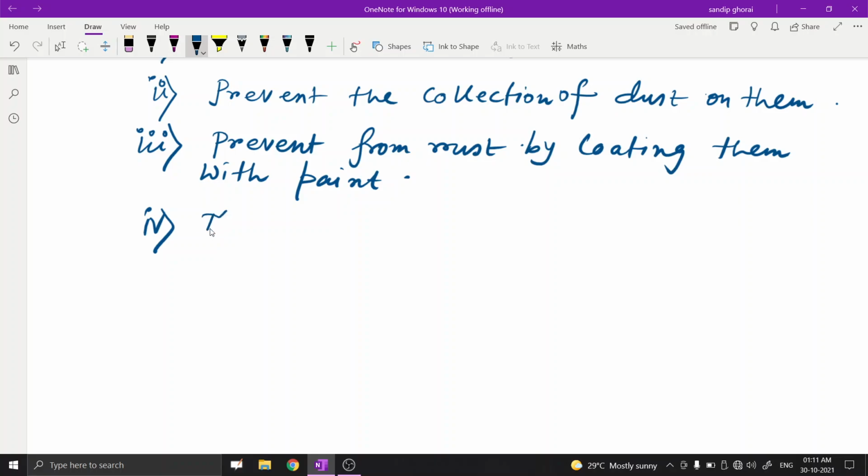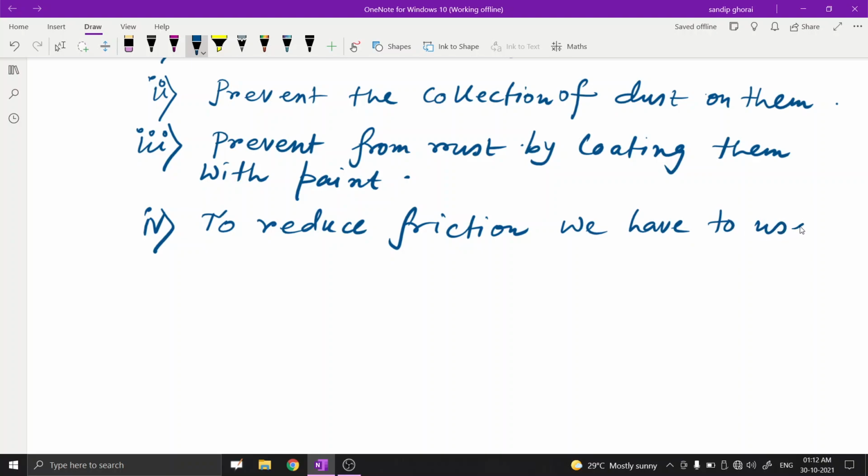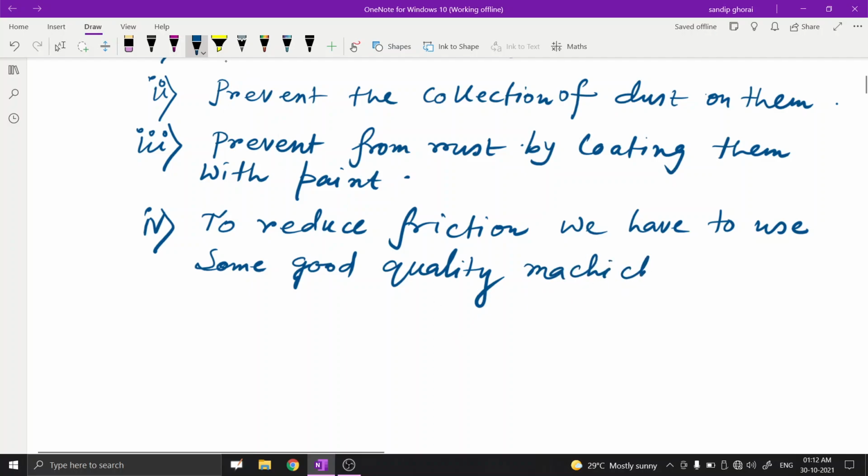So to reduce friction, we have to use some good quality machine oil in the moving parts of a machine.